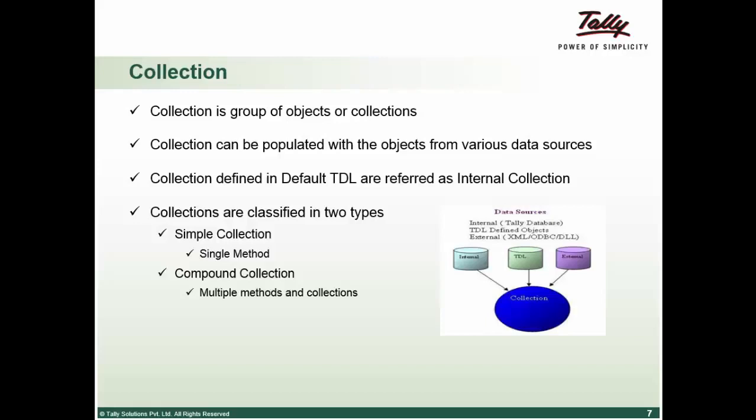Collections are classified into two types: simple collection and compound collection. A collection having multiple methods and collections is known as a compound collection. A collection which has only one single method and is repeatable in nature is known as a simple collection, and simple collections cannot have sub-collections. An example of a simple collection is the address.